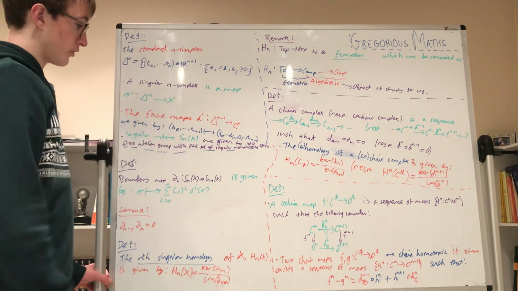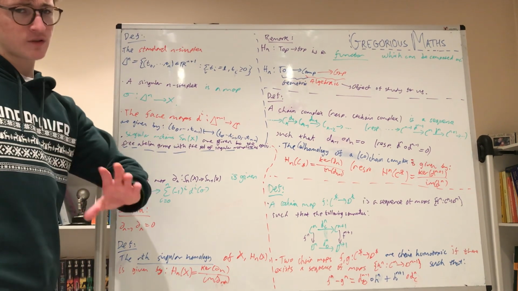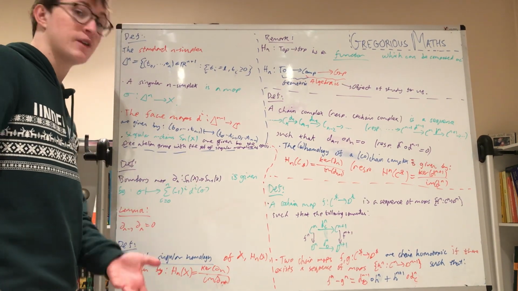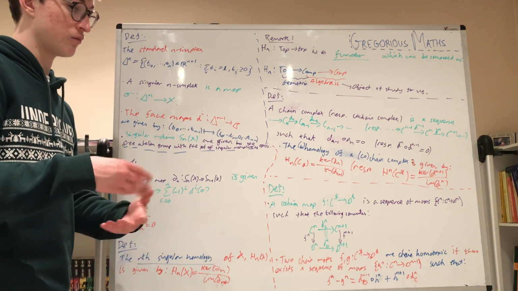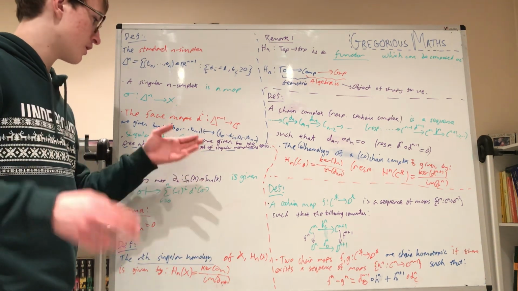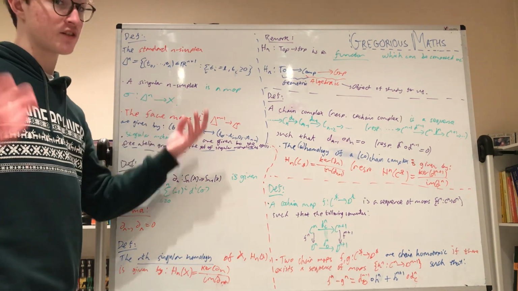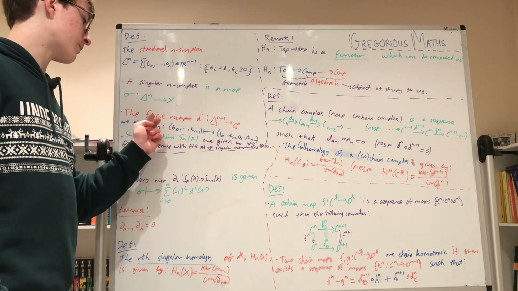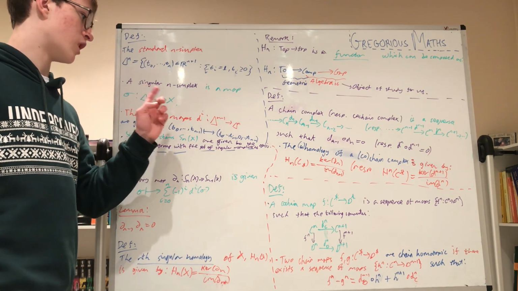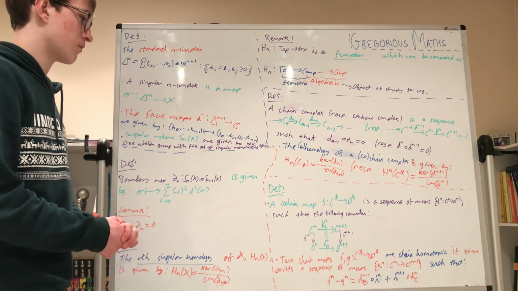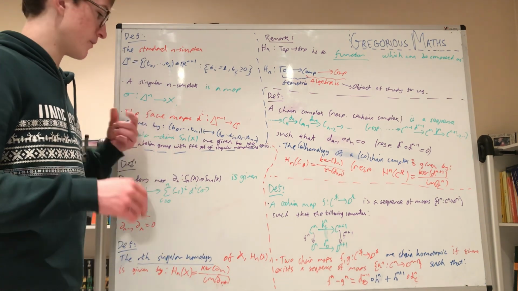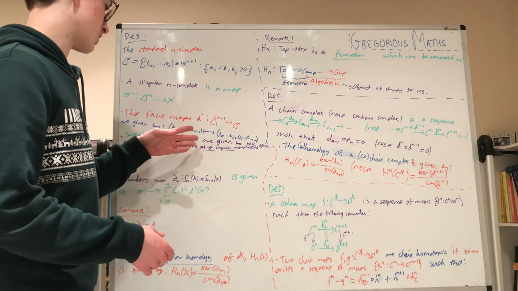Firstly, the face maps. If I ever get onto a series or even just a video talking about simplicial homotopy theory, for example, or even infinity categories, face maps are quite important. But for us, we just need to have the definition in our locker.